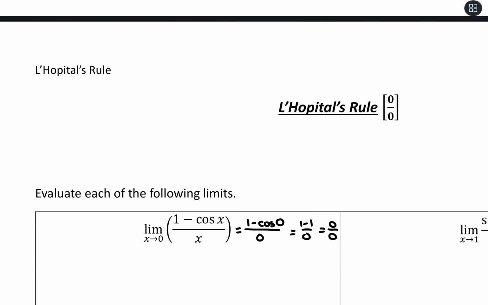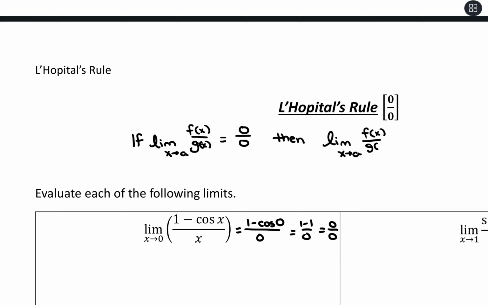So, L'Hopital's rule says if we are evaluating some limit as x approaches a of f of x divided by g of x, and we end up with 0 divided by 0, then what we can do is evaluate the limit as x approaches a of the derivative of f of x divided by the derivative of g of x.